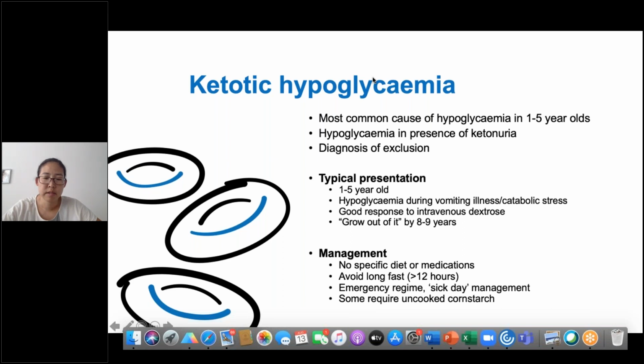They have sick day management, so we usually tell them to give this amount of SOS every hour, every 2 hours, every 3 hours. If they keep that in, we know that their blood sugars will be stable because we know exactly how much sugar they're getting. Some more problematic ones can require uncooked cornstarch, and all that does is try to maintain your blood sugars for a longer period of time.